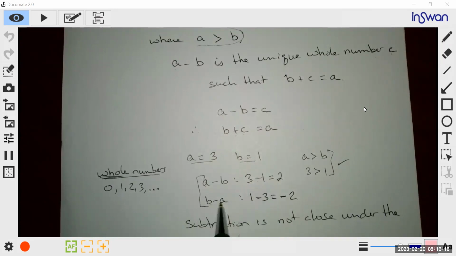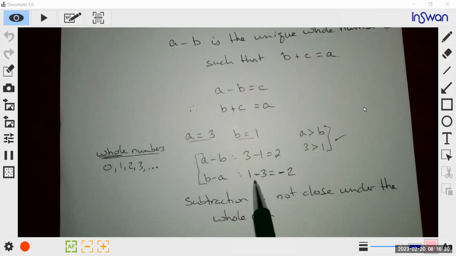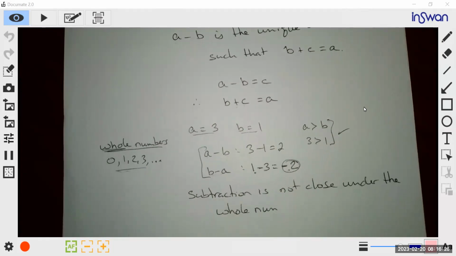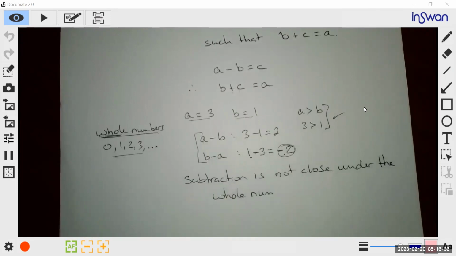But if we flip them around, b minus a, 1 minus 3 gives you -2. -2 is not in the whole numbers. That's how come a has to be bigger than b. And that's where we say subtraction is not closed under the whole numbers.